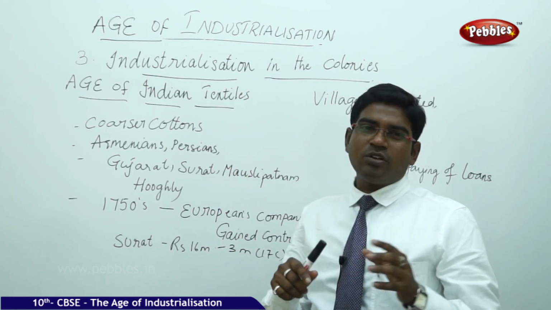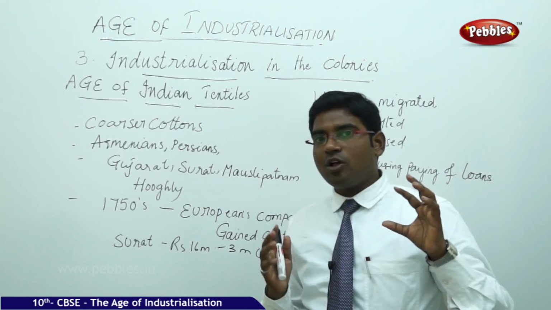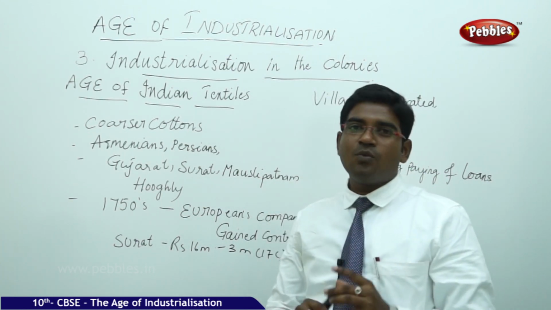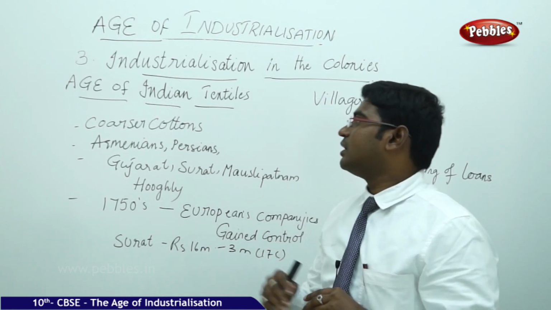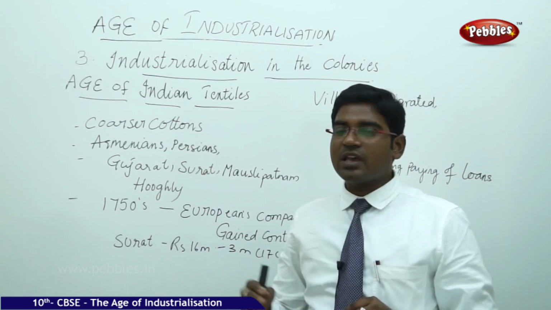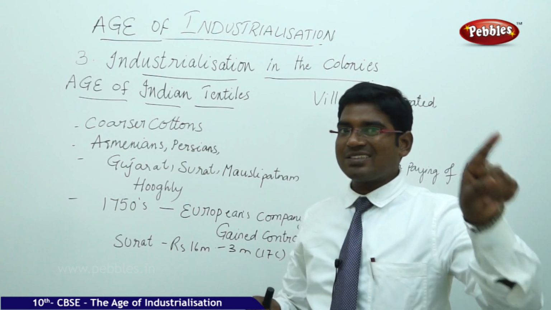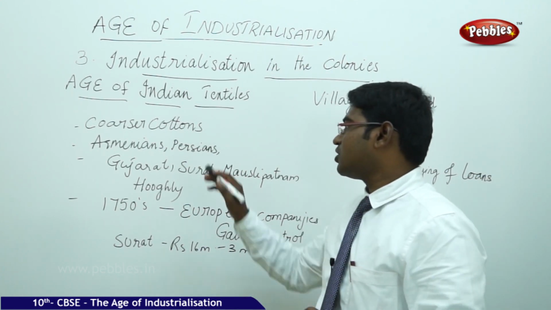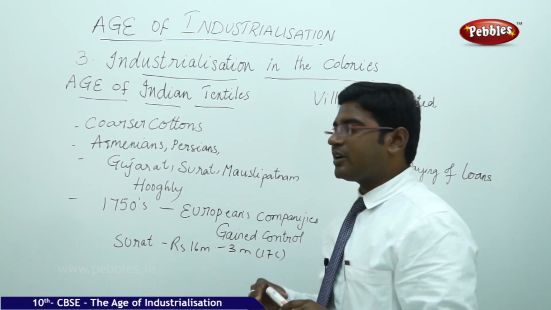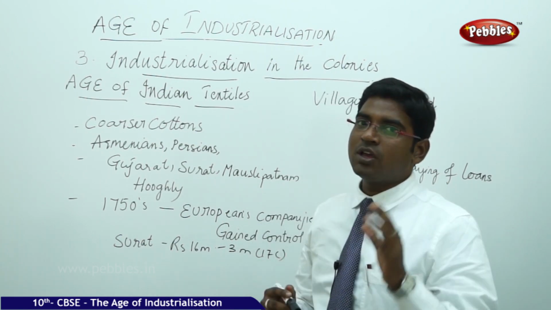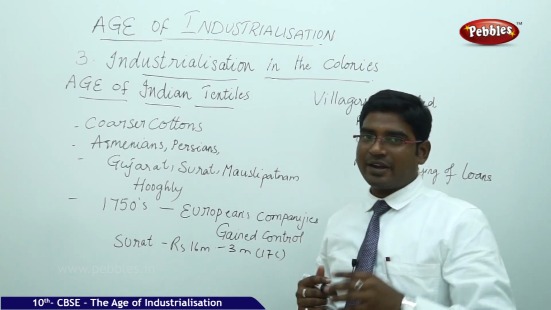So it was not only from the west; it was from the northwest, and also to the east that Indian cotton spread to the other corners of the world: the Armenians and the Persians taking it from the northwest through the deserts and across the Himalayas, Gujarat and Surat on the western part, and Masulipatnam on the Coromandel coast and Hooghly on the eastern part, taking the Indian cotton to the world market.